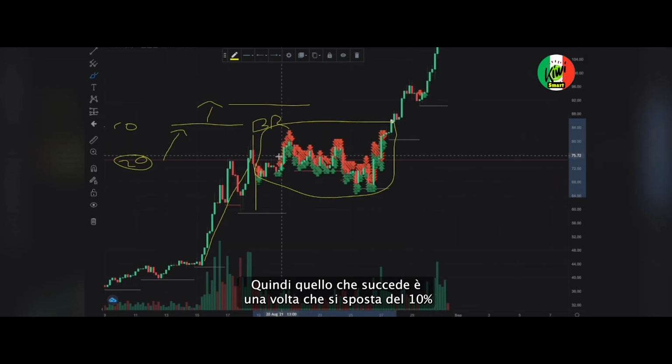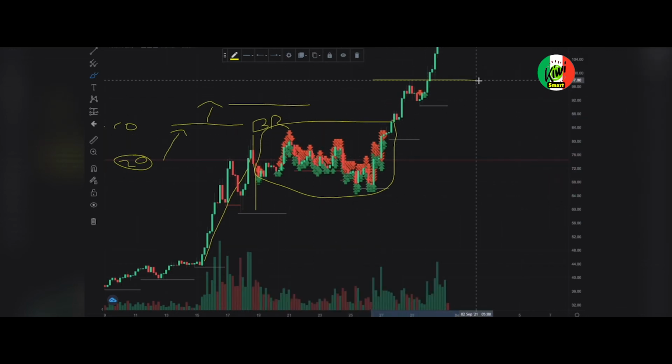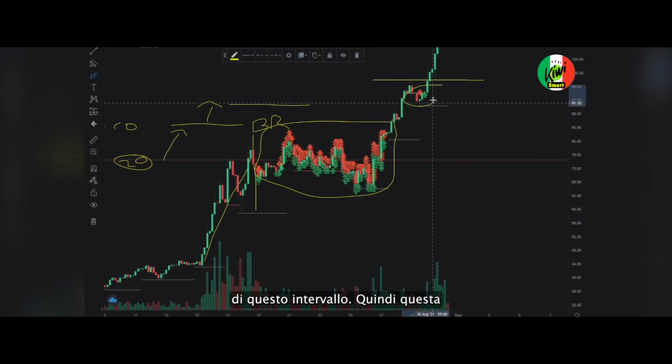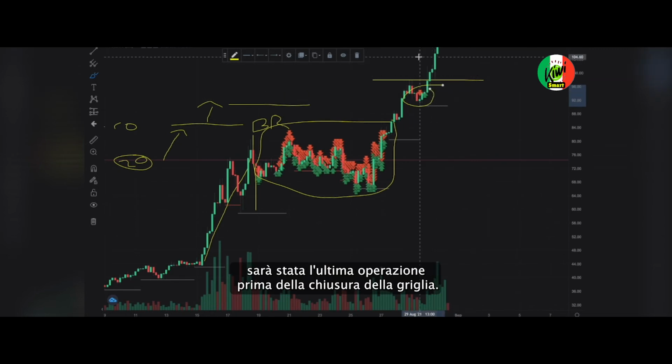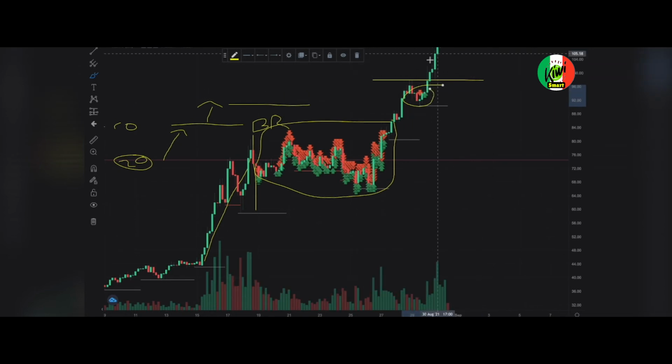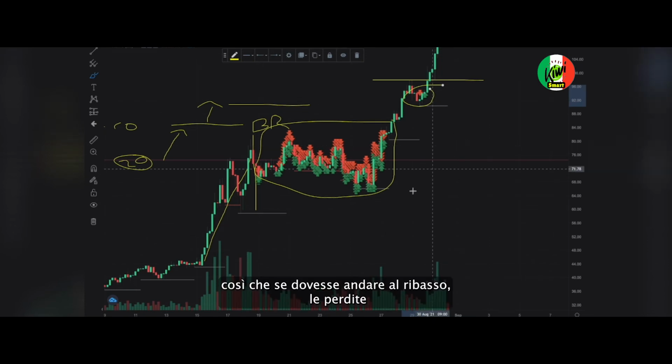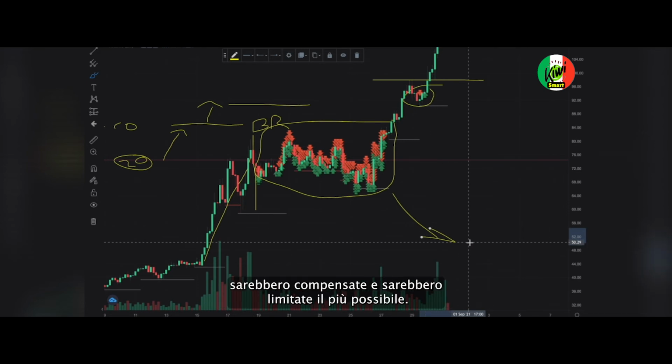So then what happens is, once it moves 10% out of this range, so this will have been the last trade up here, the grid bot will close. This is so that if it were to move to the downside, our losses would be offset and they would be limited as much as possible.